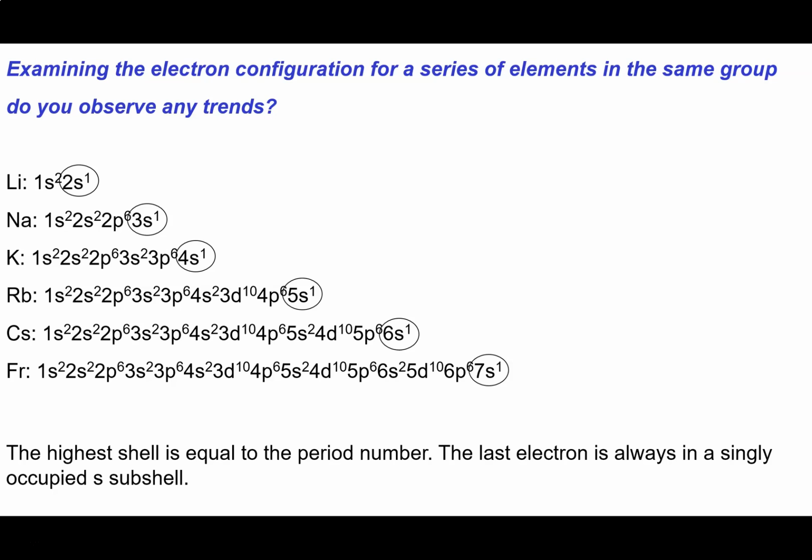All right, so this gets a little interesting. If I look at the electron configuration for all of the elements that are in the same group, and in this case I've listed this out for group 1A, what do you notice? When you look at those chemically interesting outer electrons, you see that the highest shell in every case is equal to the period number.